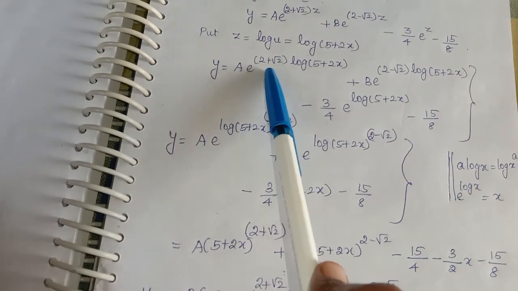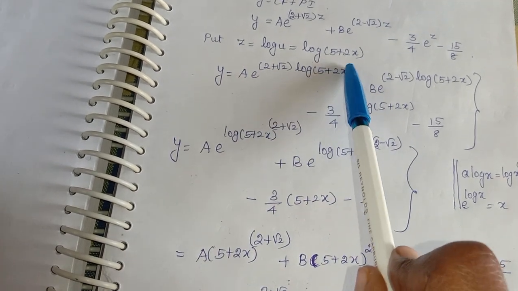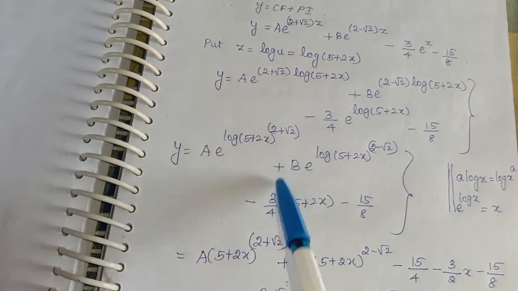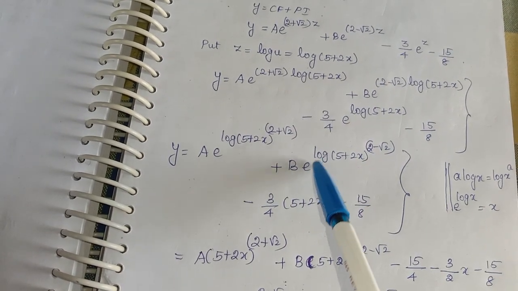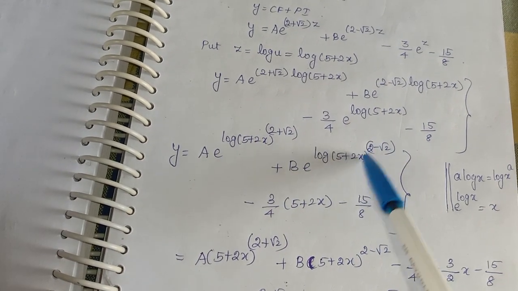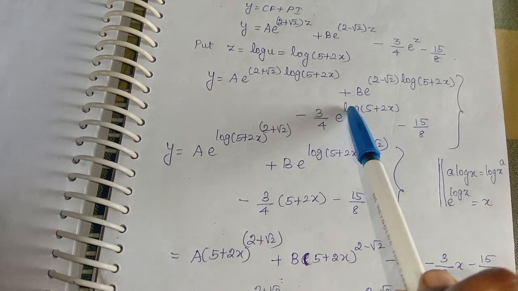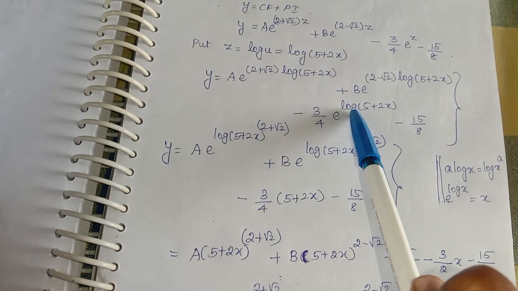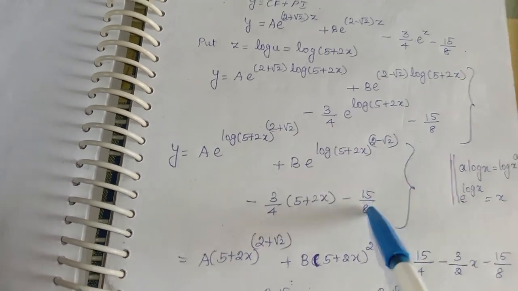So here we have 2 + √2 in front, that will become (5 + 2x) the whole power 2 + √2, plus b. Similarly here, (5 + 2x) power 2 − √2, minus 3/4. This is the exponential of a logarithm, which is equal to the function value only: (5 + 2x) − 15/8.